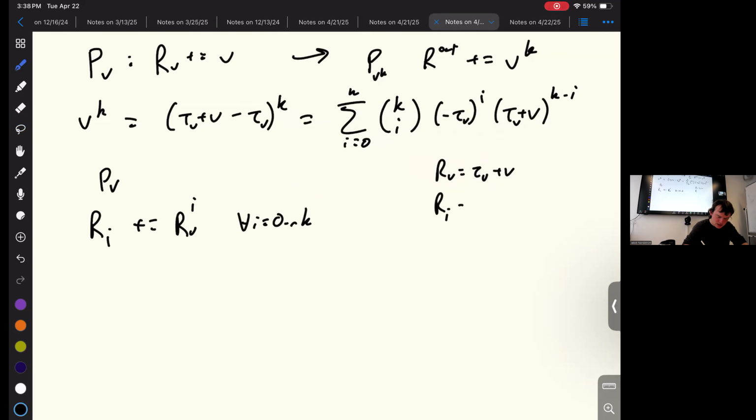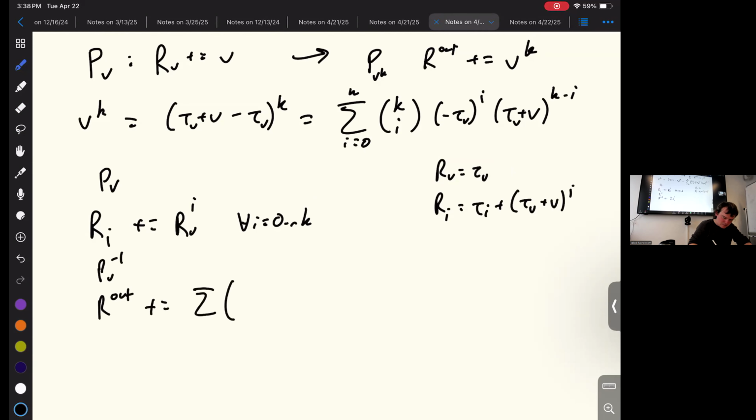So R_i equals tau_i plus (tau_v plus v)^i. Now I'm going to do P_V inverse, getting rid of this, and then I'll do my output register plus equals the sum of k choose i times (minus R_V)^i times R_(k minus i).